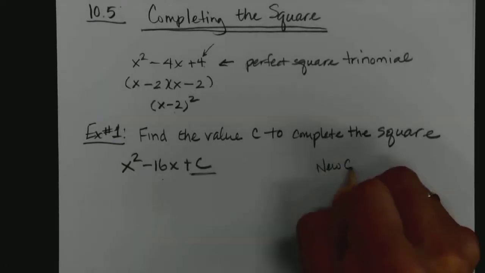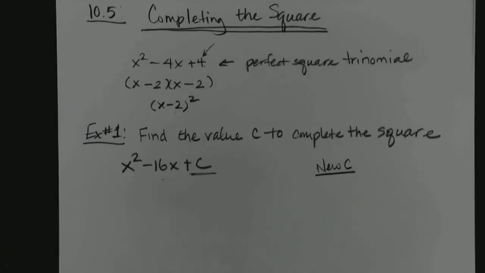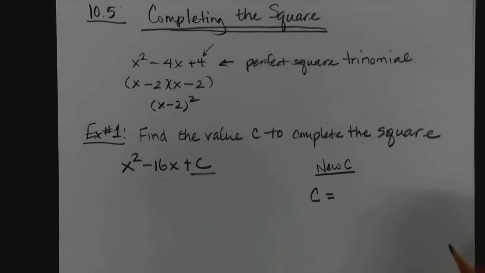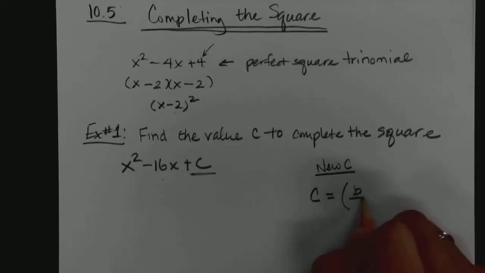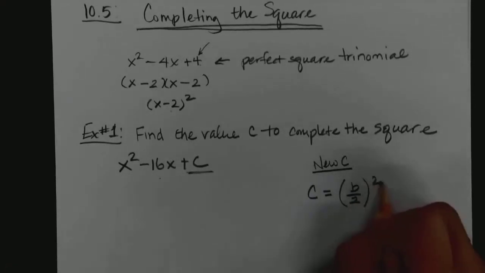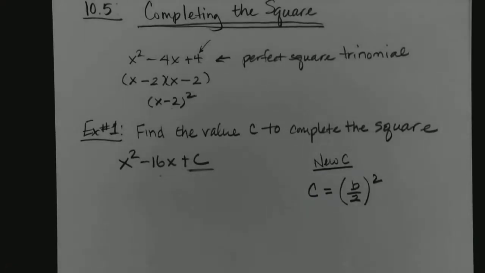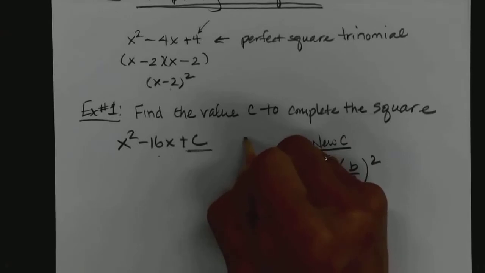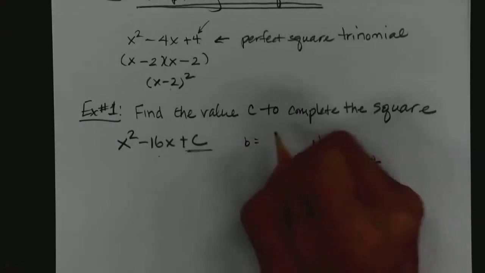So to find the new C, you always do this. That new C is equal to, you take half of B, so B divided by 2, and you square it. And that will give you your new C. So now, what's my B in this one?